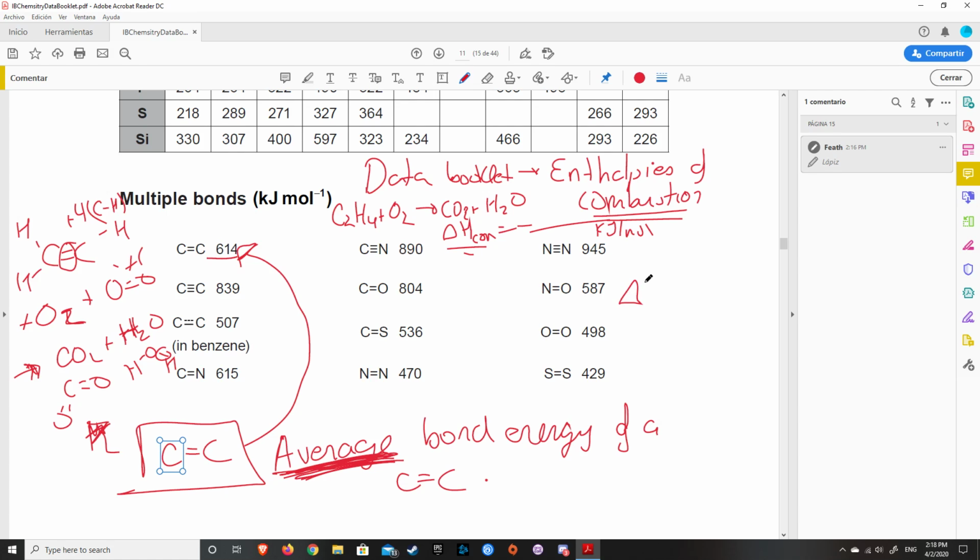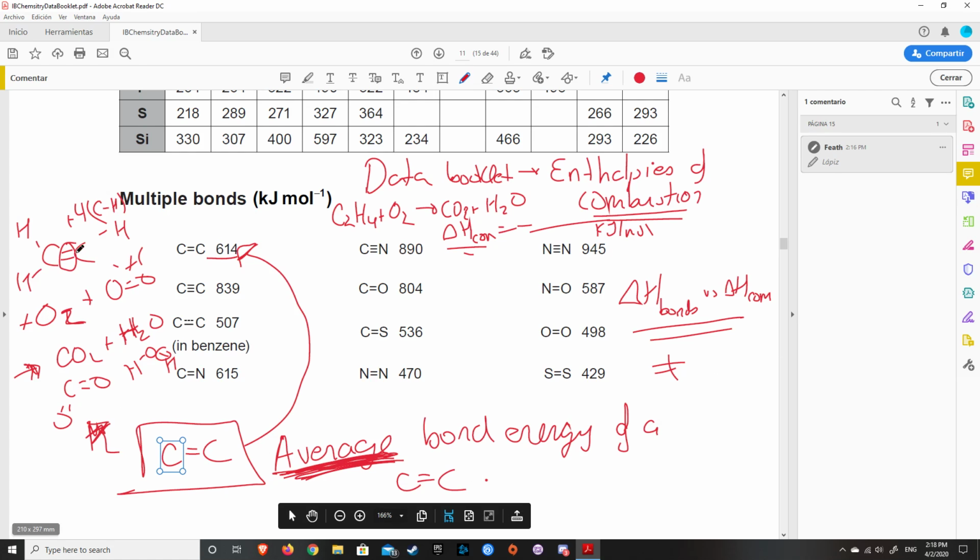We can do delta H of bonds versus delta H of combustion. And what you're going to find out is that these values are not equal. And the important part, the whole reason why I just talked about it, is you can calculate this in multiple ways, either through your bond enthalpies or through the combustion data.